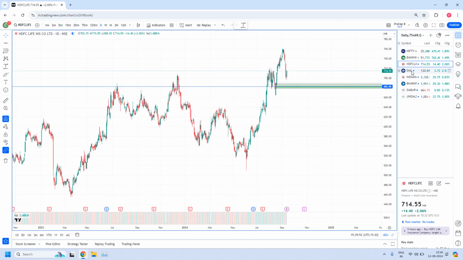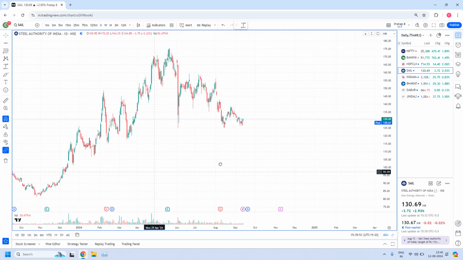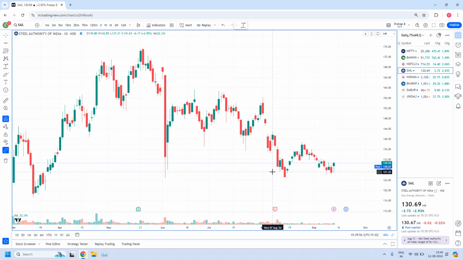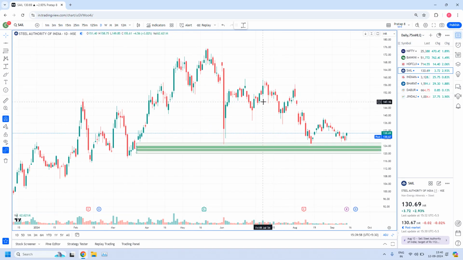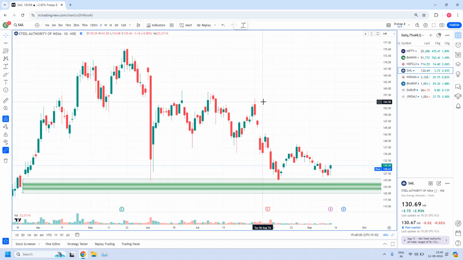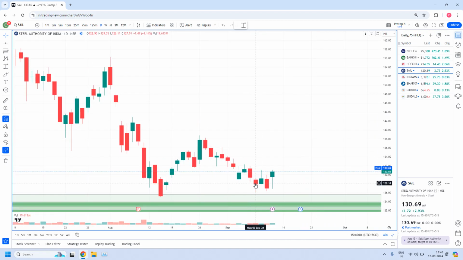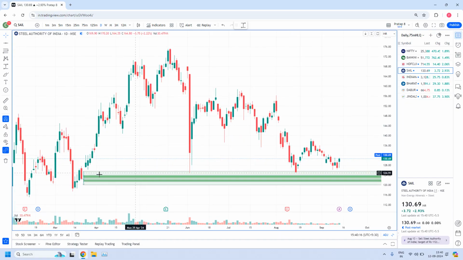And the next one is SAIL. I think we already discussed how we fine-tuned this zone in the previous reports. Probably in the 10th HLQ analysis, I might have explained how I fine-tuned SAIL.